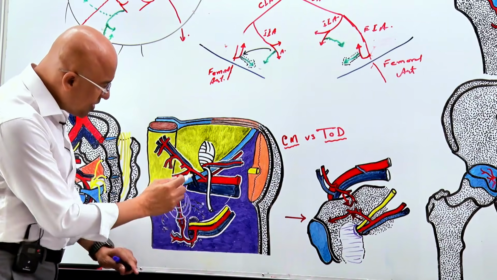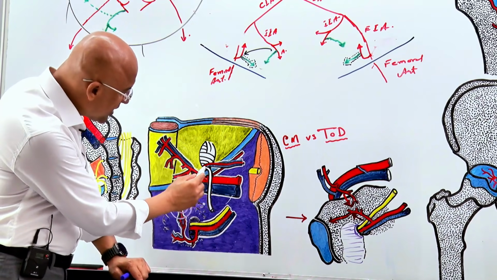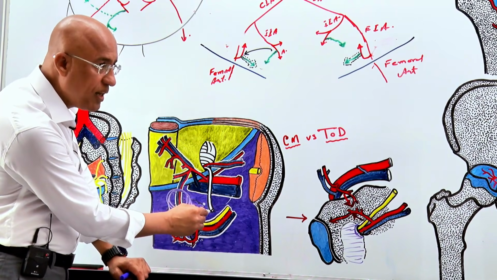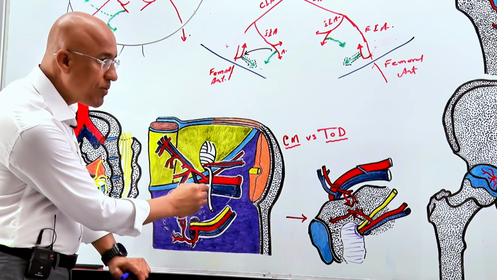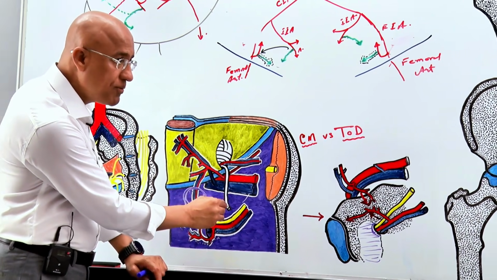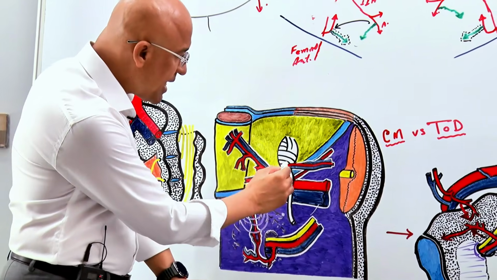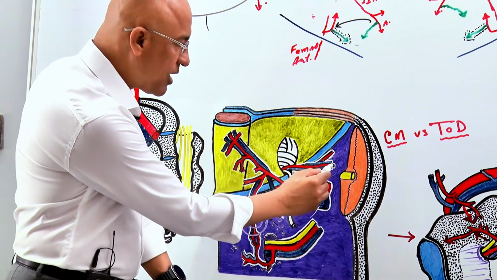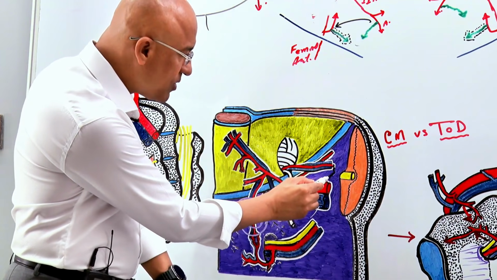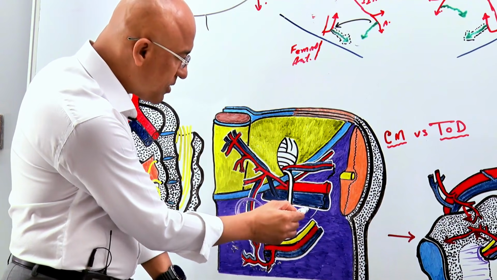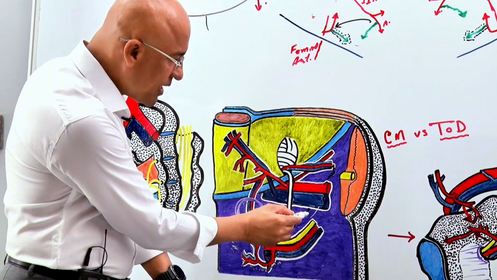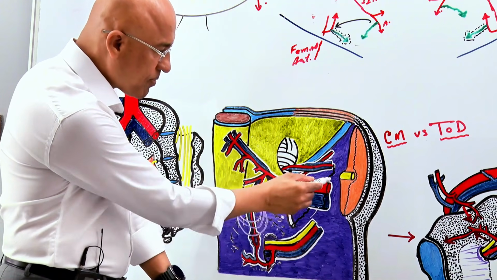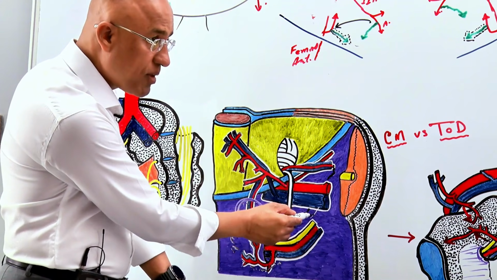Look at a special triangular area. This is the ductus deferens in male. In female, it will be the round ligament of the uterus. And here are the gonadal vessels. And what is this? This is folded. What is this? Fascia.